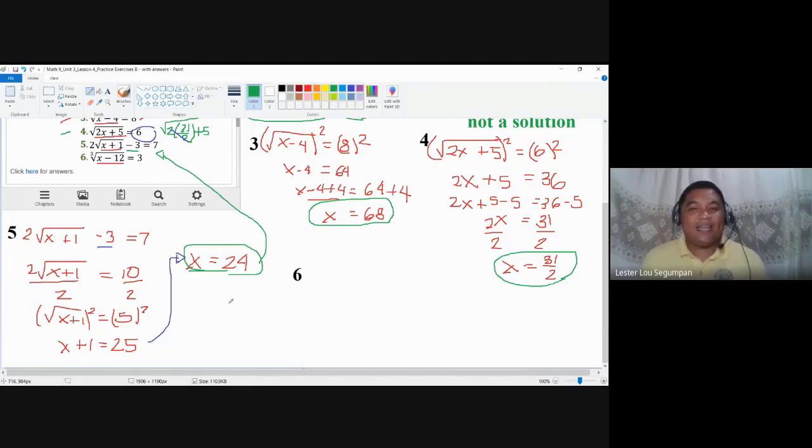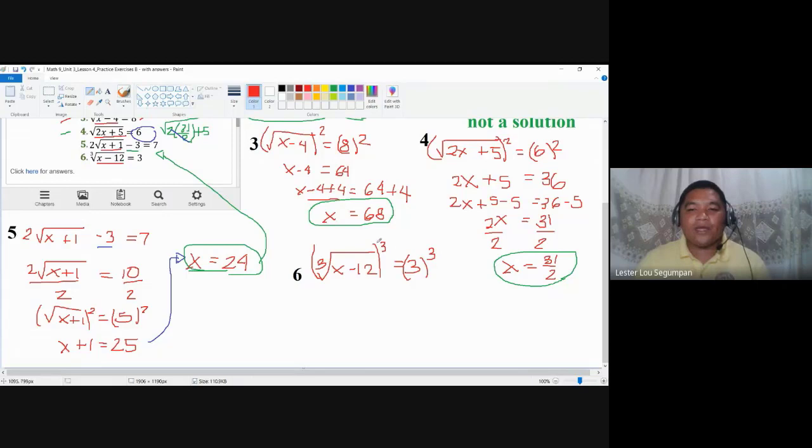Okay. Down to our last item for this practice exercise B, we have here the cube root of x minus 12 is equal to 3. Similar to the previous practice exercise, on number 6 it's now a cube root. So instead of squaring both sides, we can cube both sides.